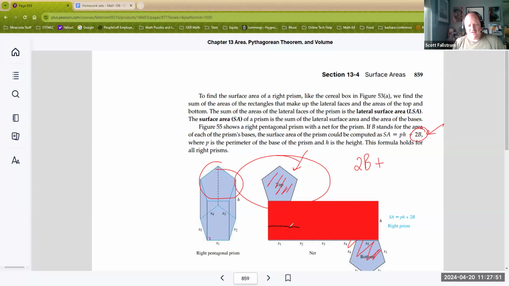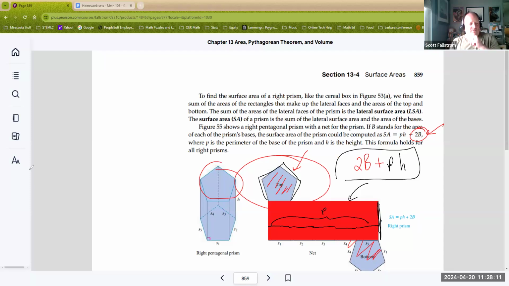There's one side, two side, three side, four side, five side. Right here is the perimeter all the way across. You can also think of this rectangle as having to wrap around the outside of this pentagon, which is why it's the perimeter. And it's the perimeter times the height. So again, there's your overall formula.